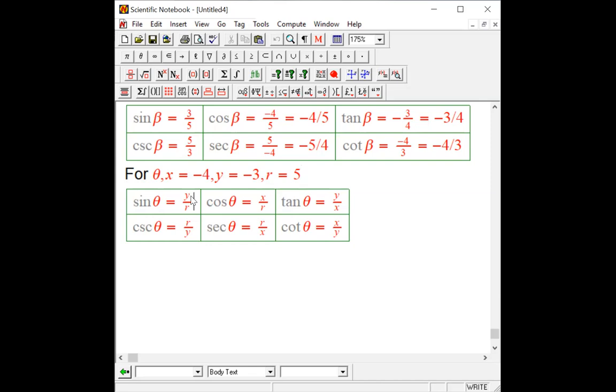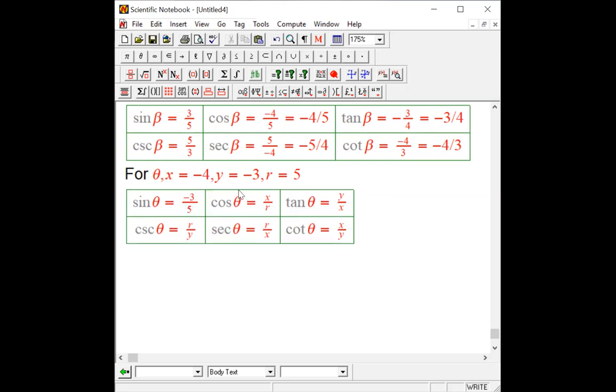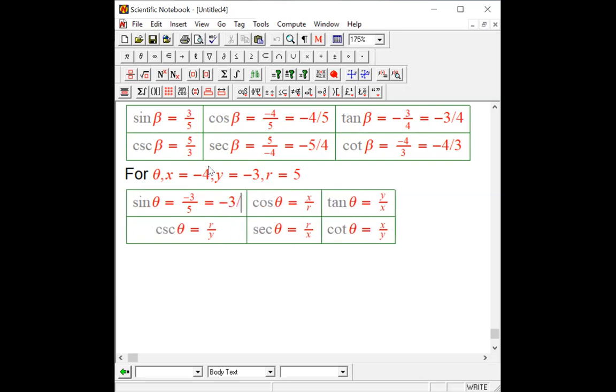So for theta, now y is negative 3 and r is 5. So when you enter, it's just negative 3 over 5. Cosine is going to be negative 4 over 5.